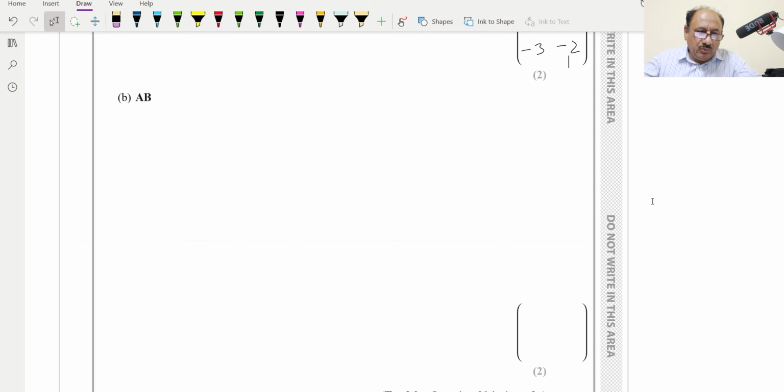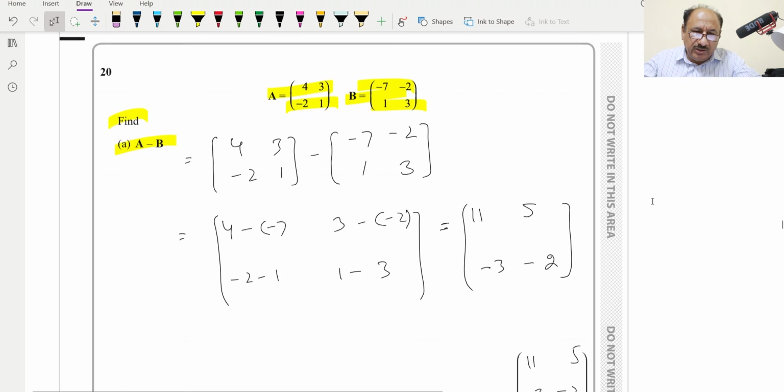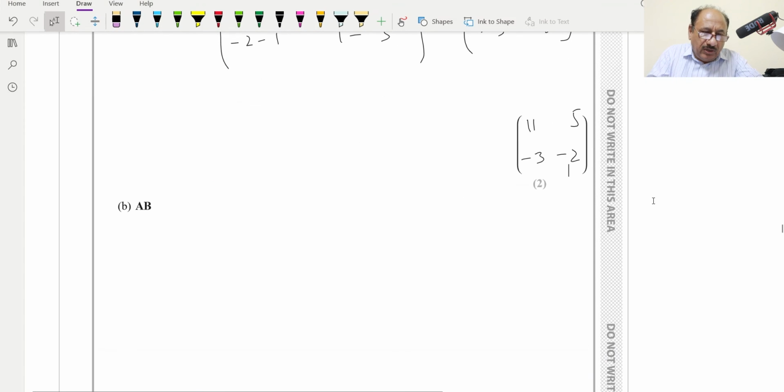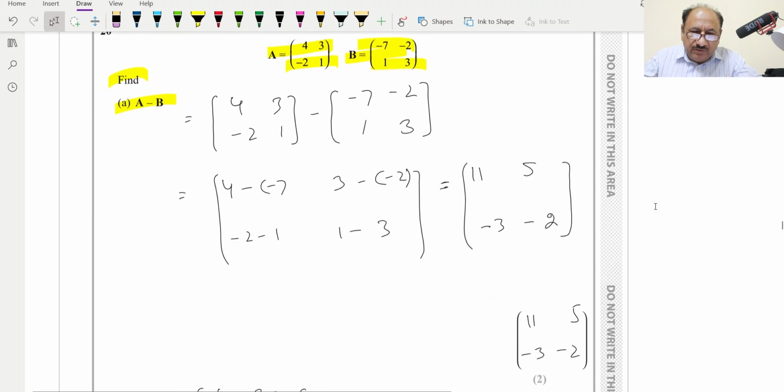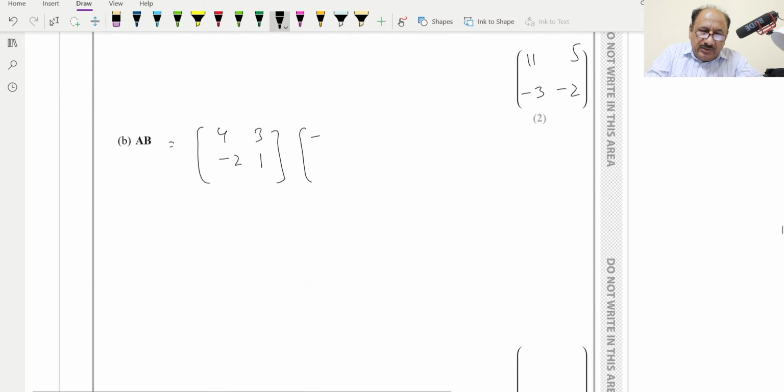A, we know AB is given over here. So 4, 3, minus 2 and 1, and B will be multiplied, which is minus 7, minus 2, 1 and 3.